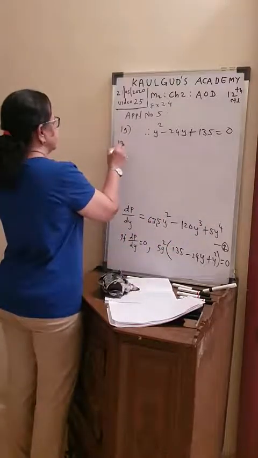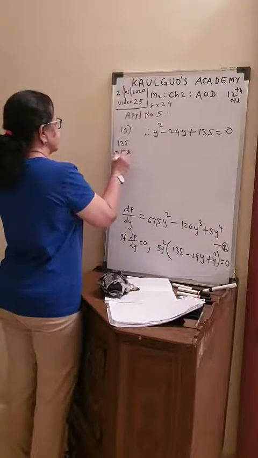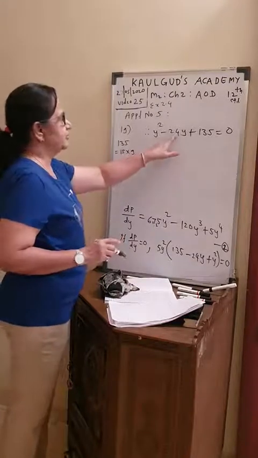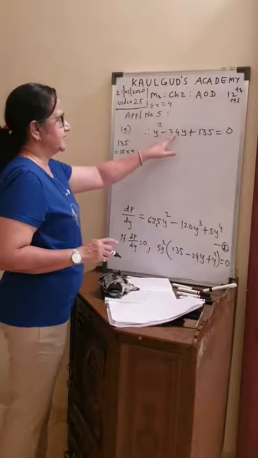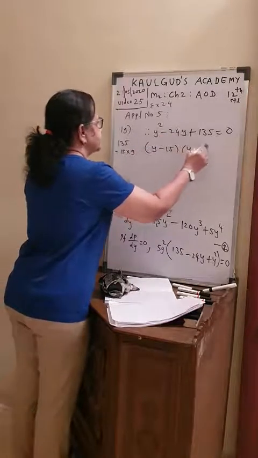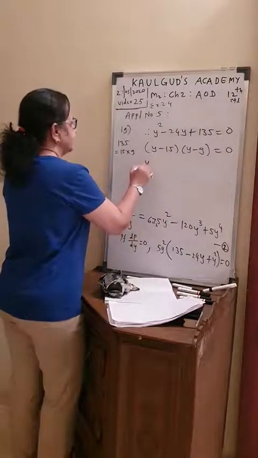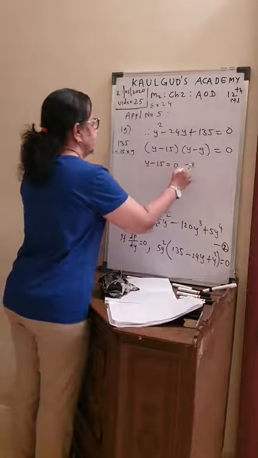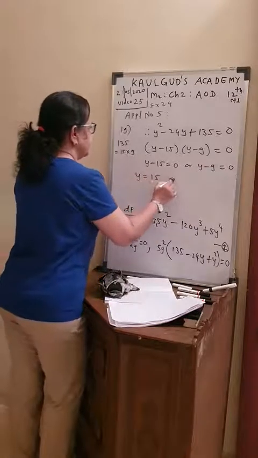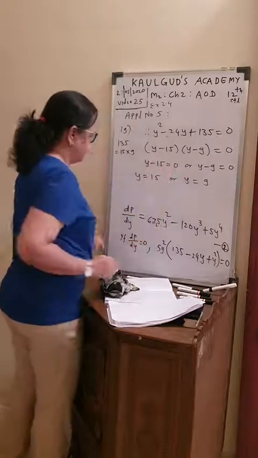Okay, now for 135, factors are 15 9s, and 15 and 9, addition is 24. I want minus 24, so factors are (y minus 15) into (y minus 9). So either y minus 15 is 0 or y minus 9 is 0. So either y is equal to 15 or y is equal to 9.